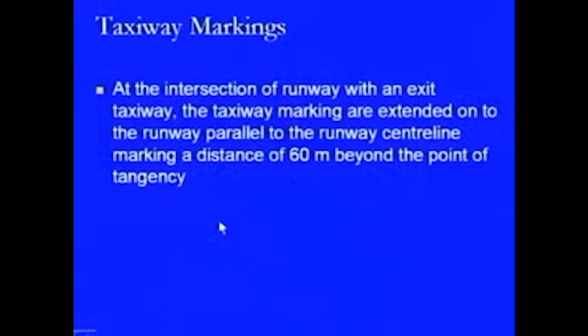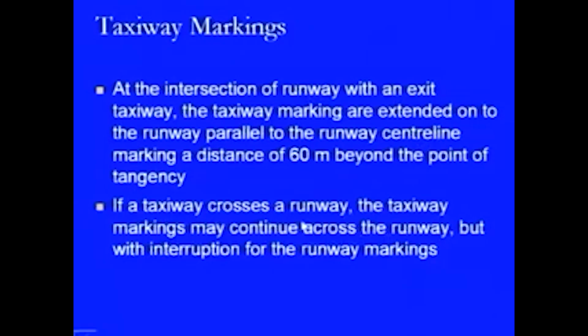Similarly, at the intersection of a runway with an exit taxiway, the taxiway markings are extended onto the runway parallel to the runway center line, for a distance of 60 meters beyond the point of tangency. That is with respect to the exit taxiway and runway connectivity.